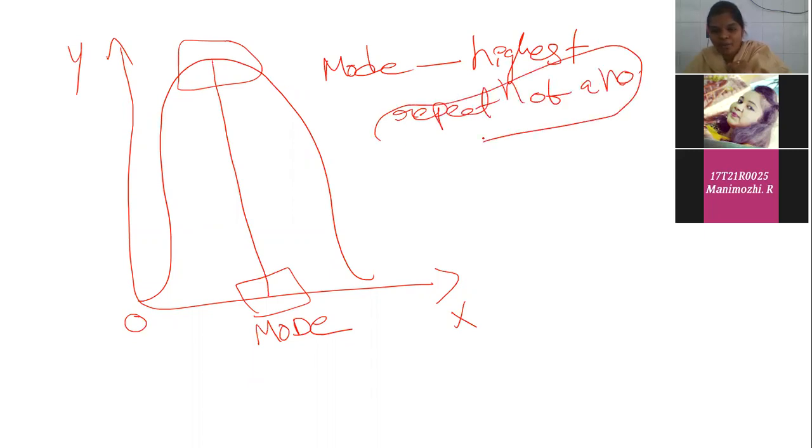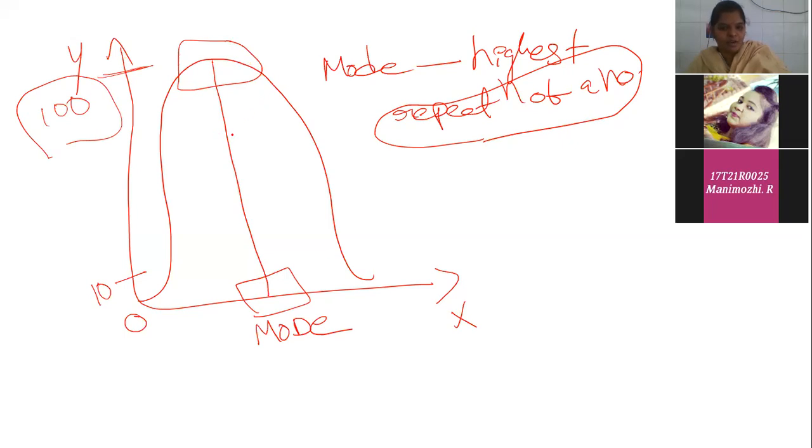What it is saying in your diagram is that the curve reaches the maximum value. Suppose here we have a value of 10 on the y-axis, and here it will be around 100. So 100 is the maximum value, right? From 0 to 100, it is reaching the highest value. So this maximum of the curve is representing the mode, right?